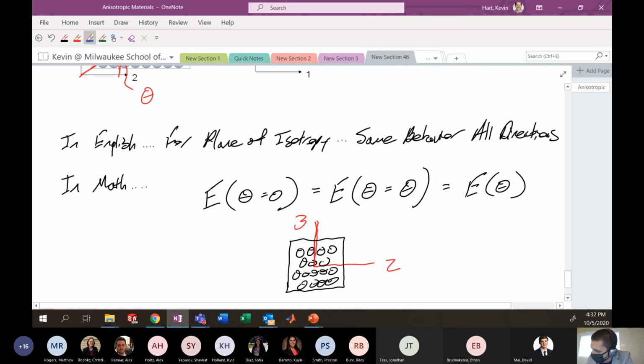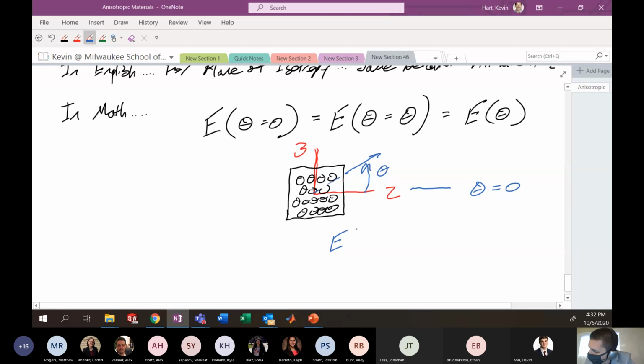Then we'd say, if I define this as the angle theta equals 0, like normal, and I have some arbitrary other loading in this direction at some angle theta, then the modulus at theta equals 0 is the same as the modulus at theta equals theta. That's what it would mean to be a plane of isotropy in terms of language that we just understand.